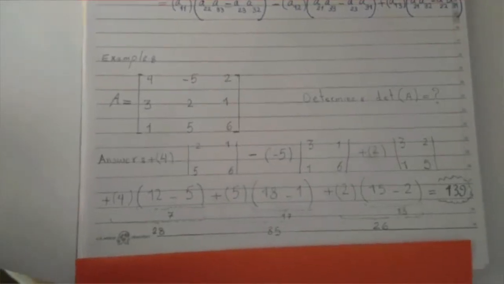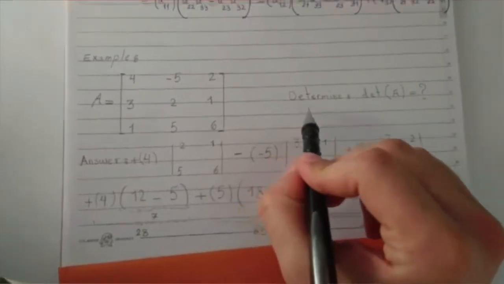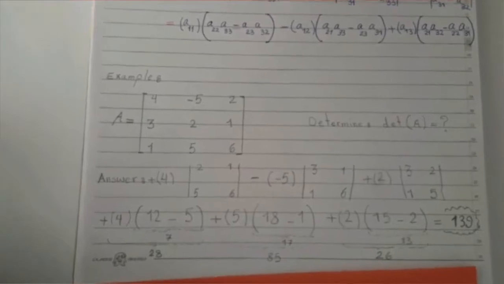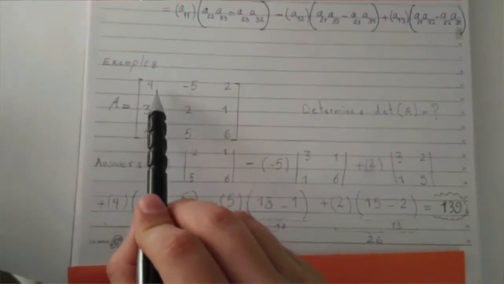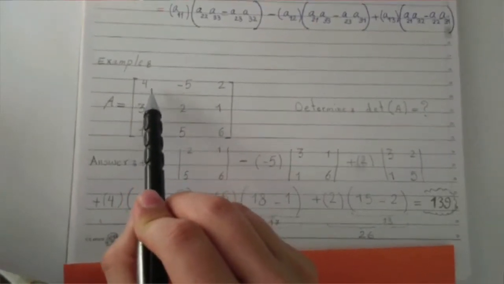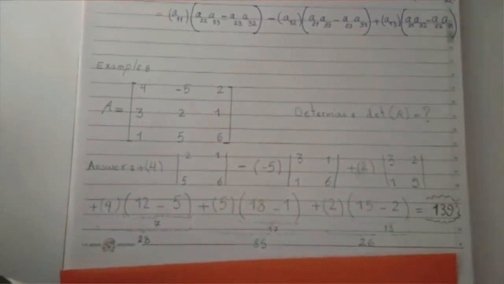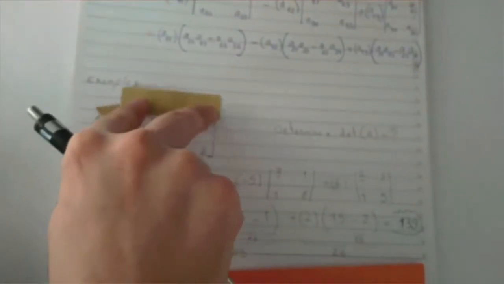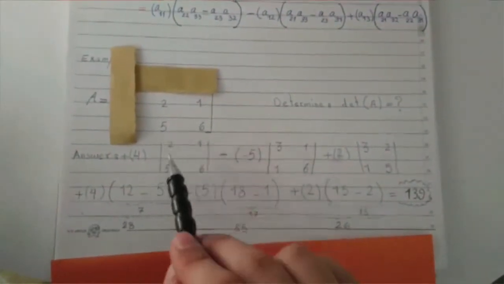Okay, and here is the example, the matrix A, and we need to determine the determinant of the matrix A. We want to calculate it now. We take the first entry A sub 1 1 and multiply it by the matrix we are left with after ignoring the first row and the first column, which is 2 1 5 6.